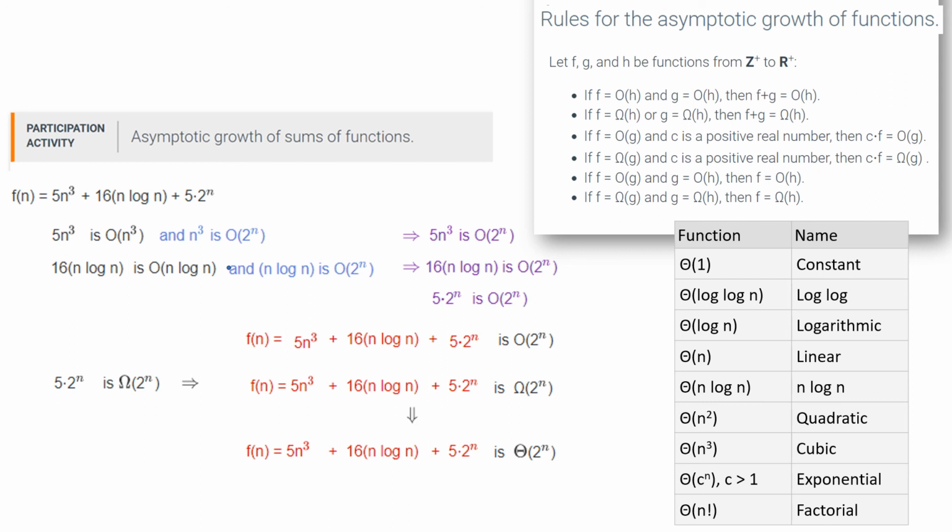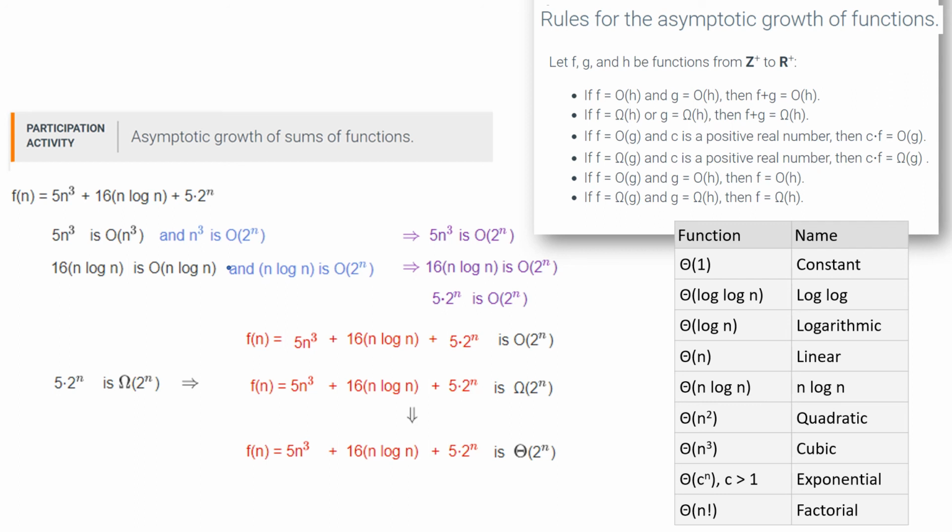So that's why they found the term that grows most quickly, and then wanted to prove that the whole function is theta of what was in that term, which is 2 to the n.